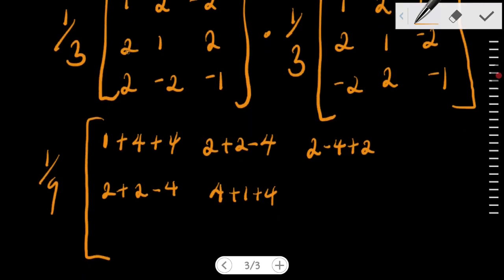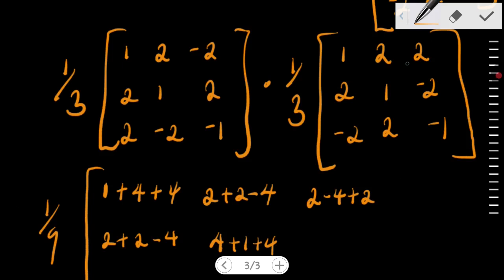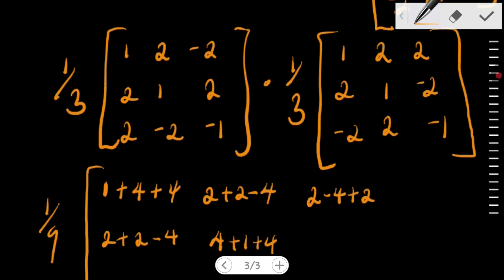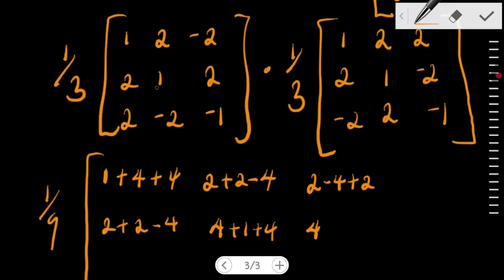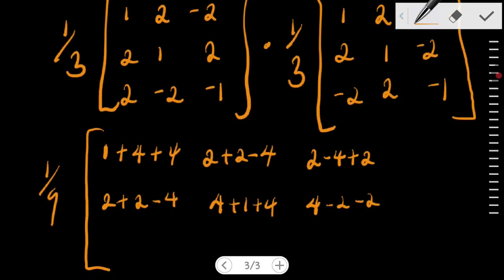Then again 2 times 2 gives 4, then 1 times negative 2 gives negative 2, then 2 times negative 1 gives negative 2.